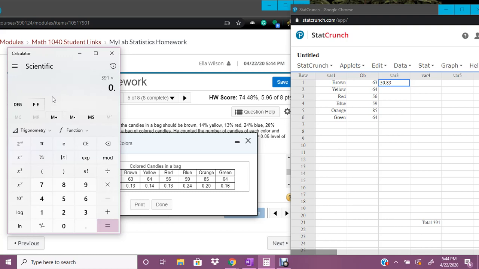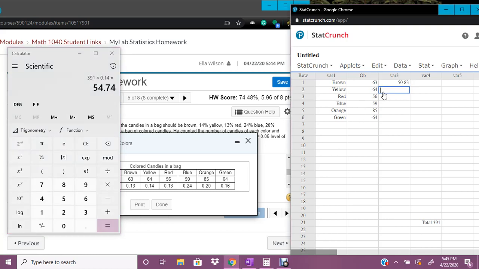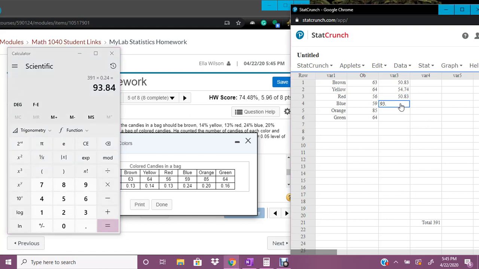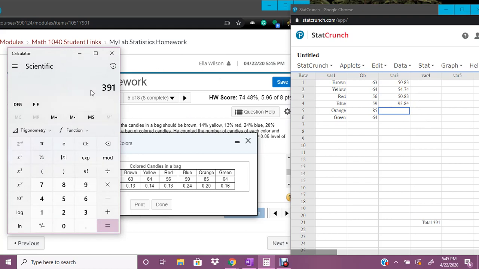Now we're doing yellow, and now red, and now blue, and now orange.